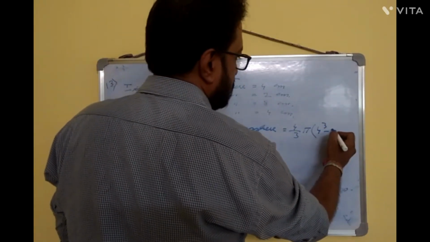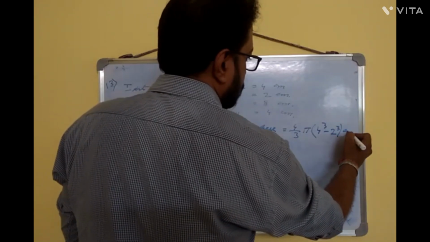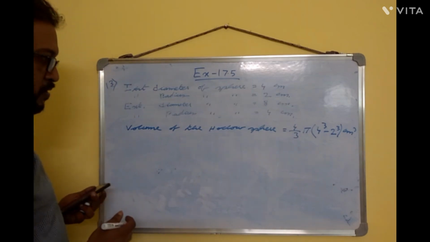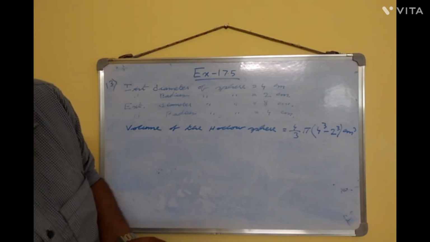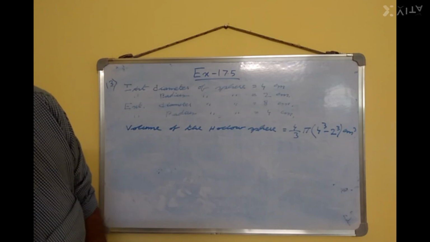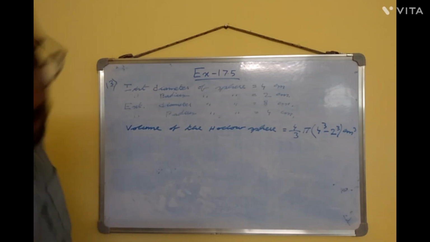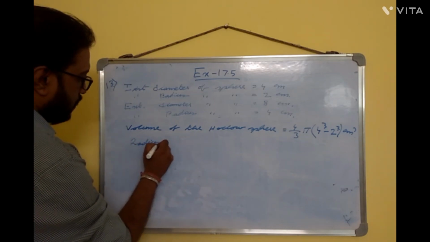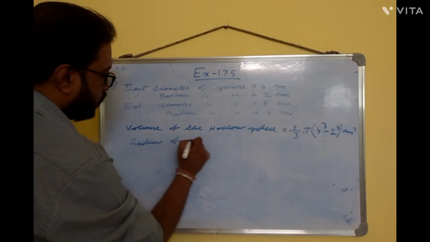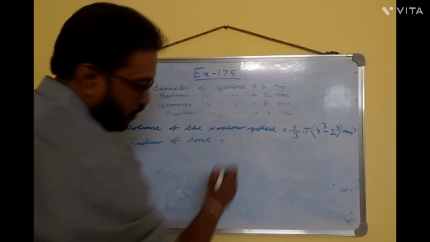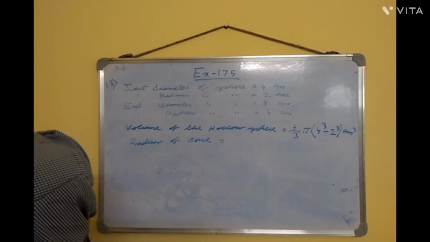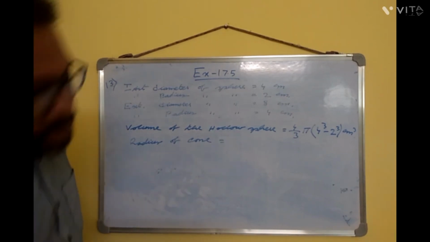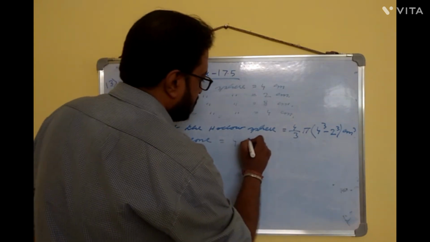External radius cube minus internal radius cube. Now coming to the cone. The diameter is given, so I am writing directly the radius. Radius of cone equal to, 8 centimeter diameter given. So radius of the cone is 4 centimeter.